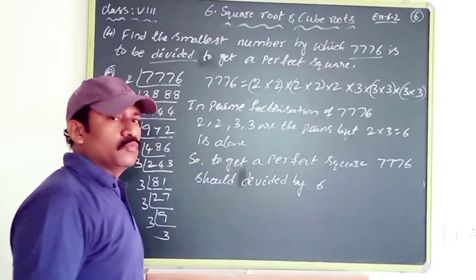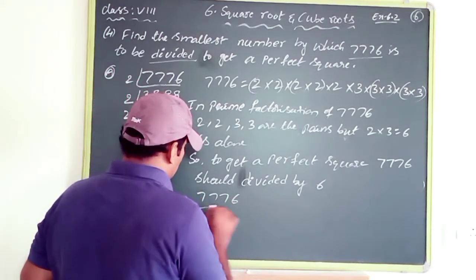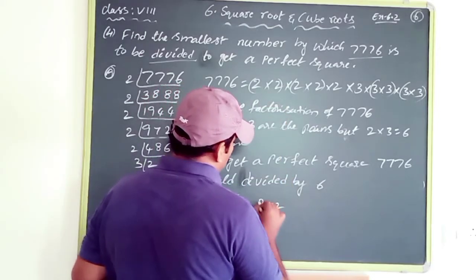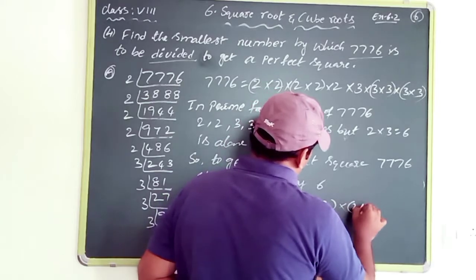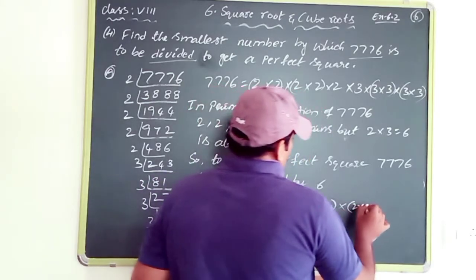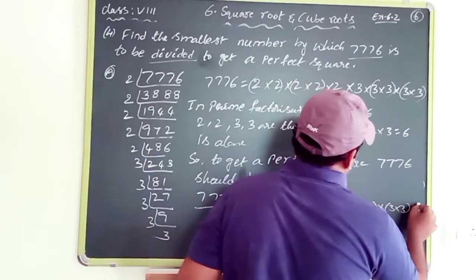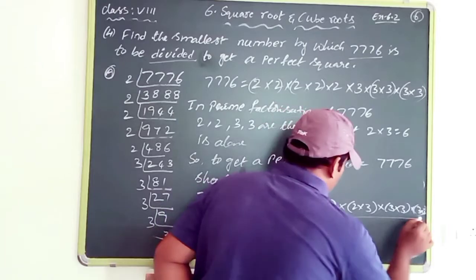Now I am going to divide by 6 here. 7776 divided by 6 means 2 into 2 into 2 into 2 into 2 into 3 into 3 into 3 into 3 into 3, divided by 6.